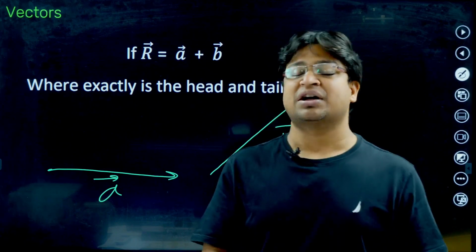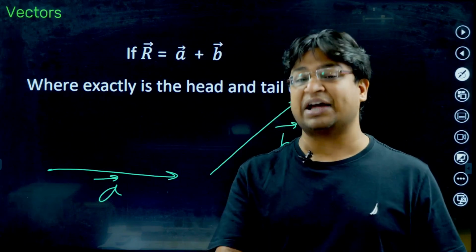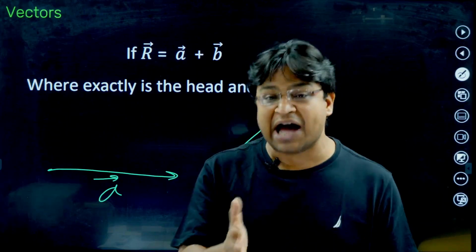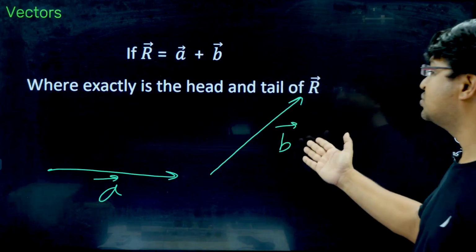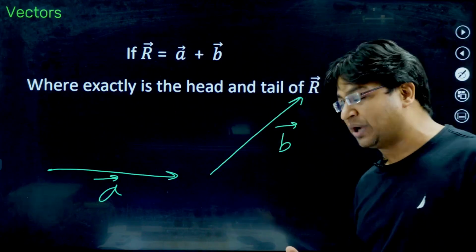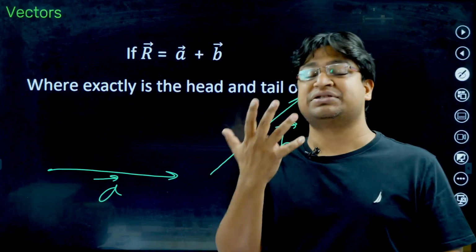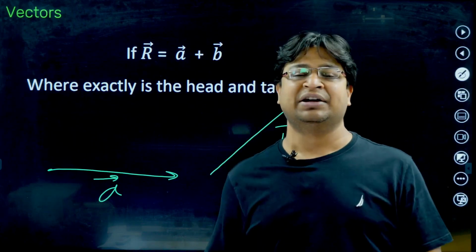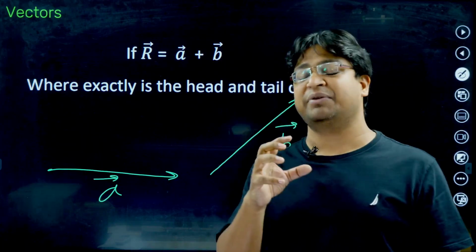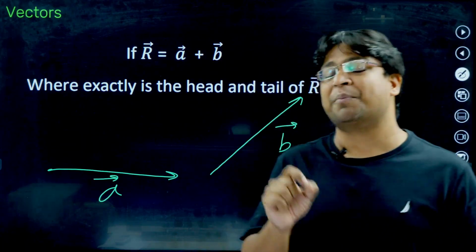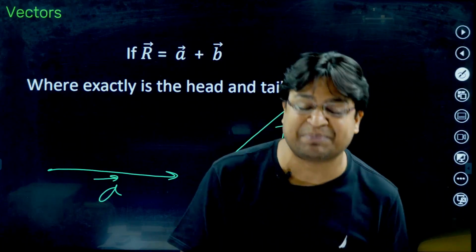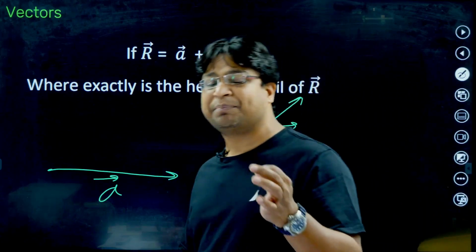So the question is, how do I identify that arrow? How do I discover the arrow? If I add these two arrows, what is the arrow that I'm going to get? Where will its tail lie and where will its head lie? The answer to this question can be found by a simple observation related to displacement. So I'll tell you what the premise here is.